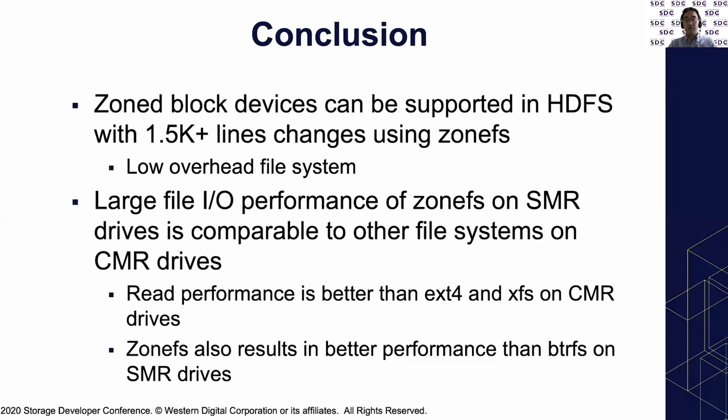Zonefs allows zone operations through files. Then it reduces the code changes in HDFS. Also, this is the approach not to rely on lower layers to handle zoned block device write restrictions. Then it has lower overhead.